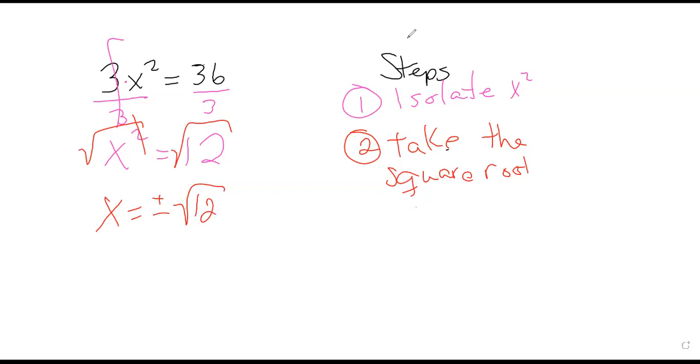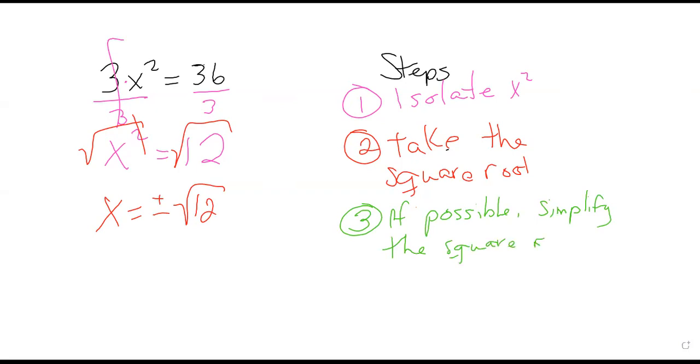And my third and final step, what was it? Simplify the square root, if it's possible. Okay, so that means I've got to do my tree.